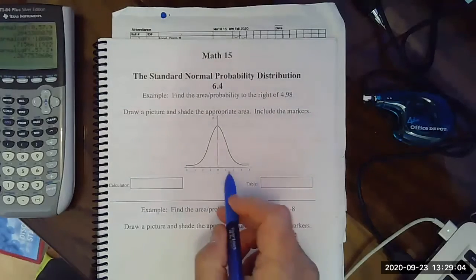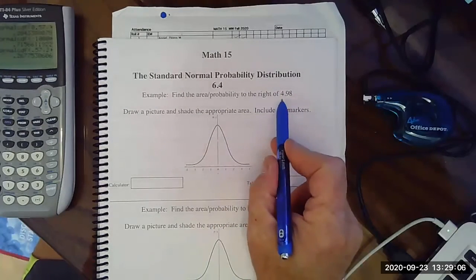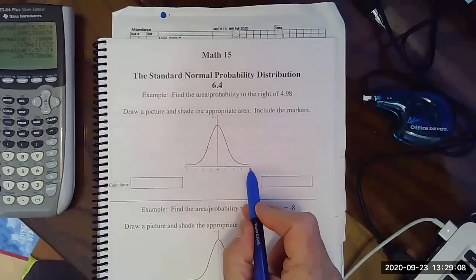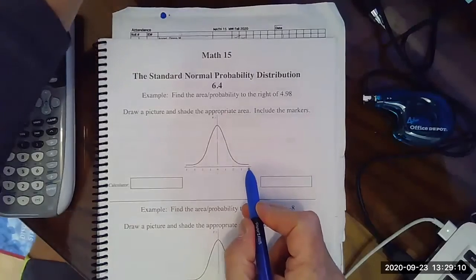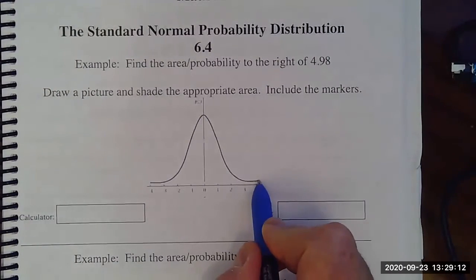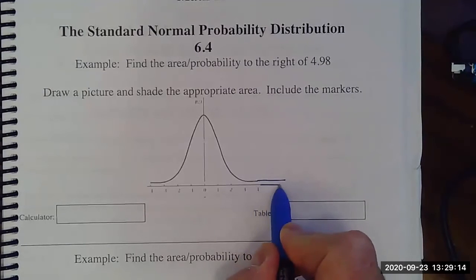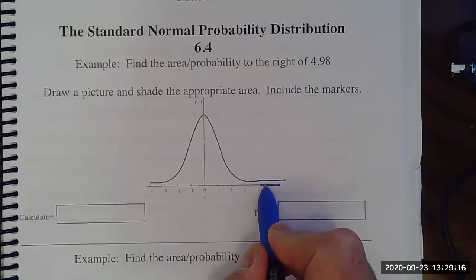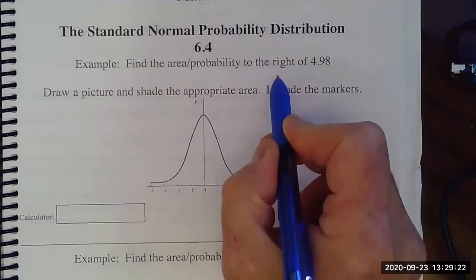Okay, so let's see, 4.98. Well, that's way over here. Right, so I'm gonna go like this. There's 5. 4.98 is like right here. So I want to go to the right.